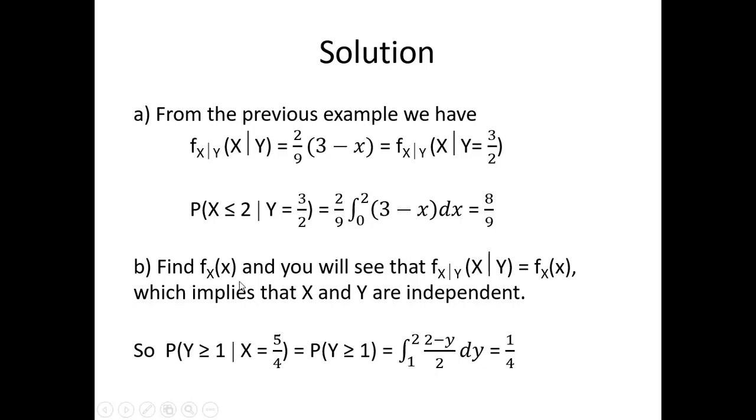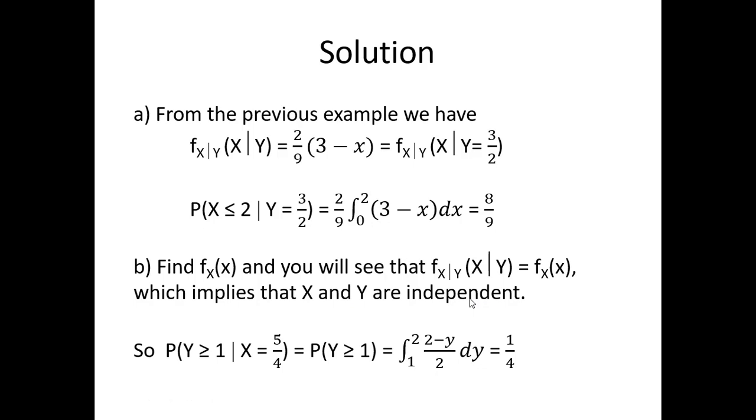I didn't work out all the details here, but if you work this out, you should see that you get the same function as the conditional of x given y, which we have right here. So what does it mean when these two functions are equal to each other? It means that y doesn't have any effect, or in other words, x and y are independent.